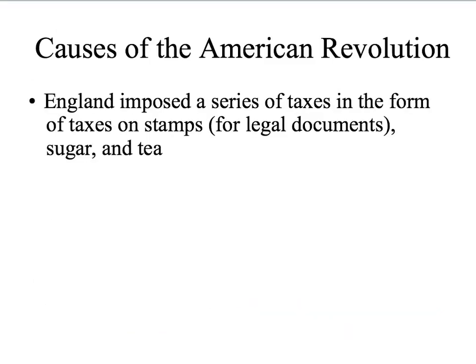The way that England imposed the taxes was through a variety of ways, but most commonly it was on things that everybody bought all the time. An example of this would be on stamps. Now, stamps are used to mail letters, but they're also used to make any type of document legal. So if you got married, you needed a marriage certificate.